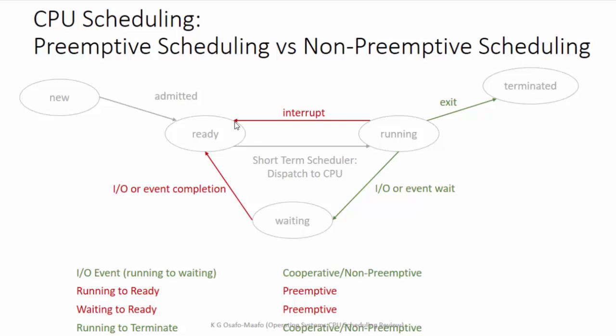When an interrupt occurs, the process has no control to know that an interrupt occurred. No, it's the system as a whole, the kernel, or the hardware saying an interrupt occurred. So that's outside of the control of the process. And of course, once you are waiting and an IO has completed, you don't have control of that.